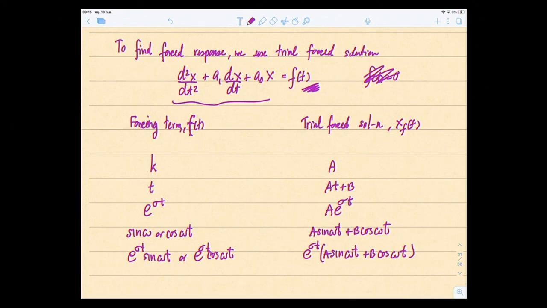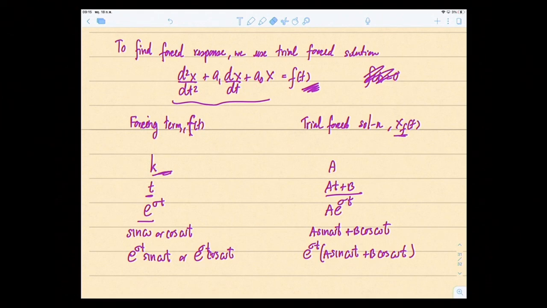If your f of t is simply a constant, like 5, 20, 48, things like that, then you can try your solution x f of t, f for forced, as a constant also, a constant A. We don't know what it is yet, but A. If your forcing term is just t, the variable t, then you try your solution as At plus B. If it's exponential form, e to the sigma t, like e to the 5t, you use A e to the sigma t also.